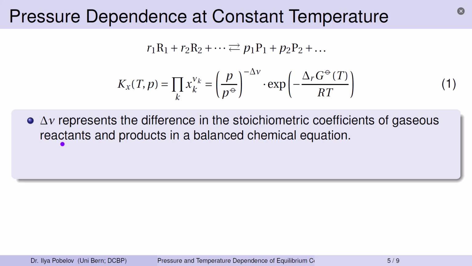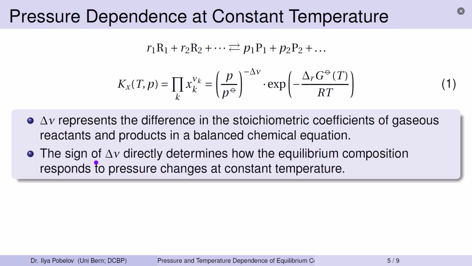The term delta nu represents the difference in the stoichiometric coefficients of gaseous products and reactants in a balanced chemical equation. Its sign directly determines how the equilibrium composition responds to pressure changes at constant temperature.